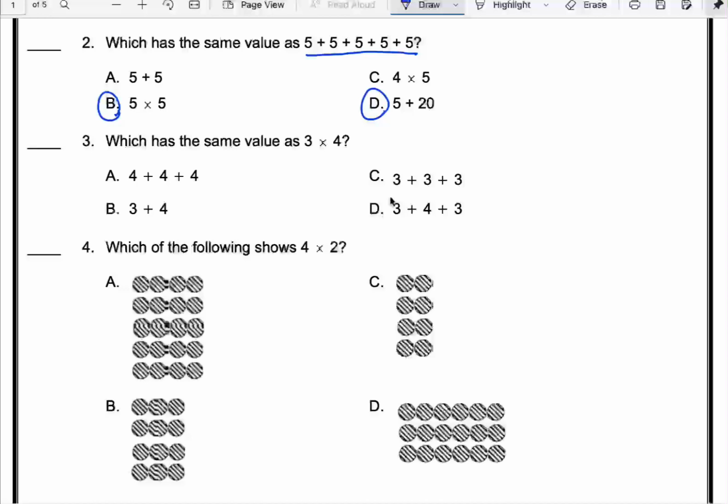Hassan, use your mic, my hero. In which choice do we have 3 multiplied by 4 means 3 repeated 4 times and also 4 repeated 3 times? 4 plus 4 plus 4. So A. Thank you, Hassan.